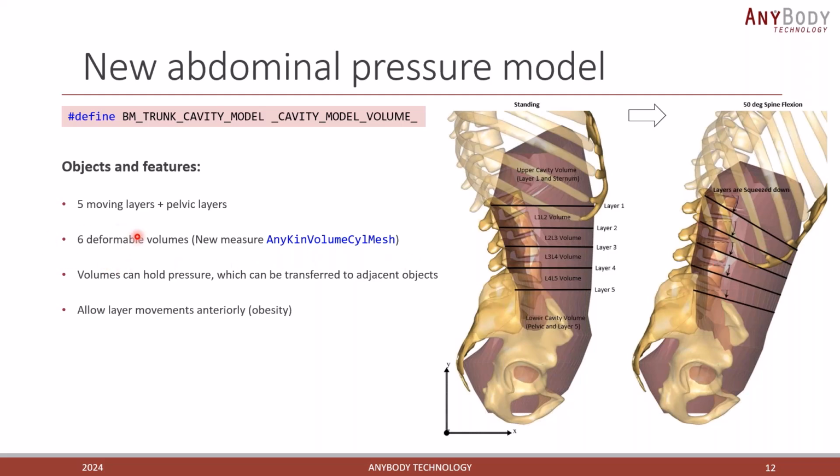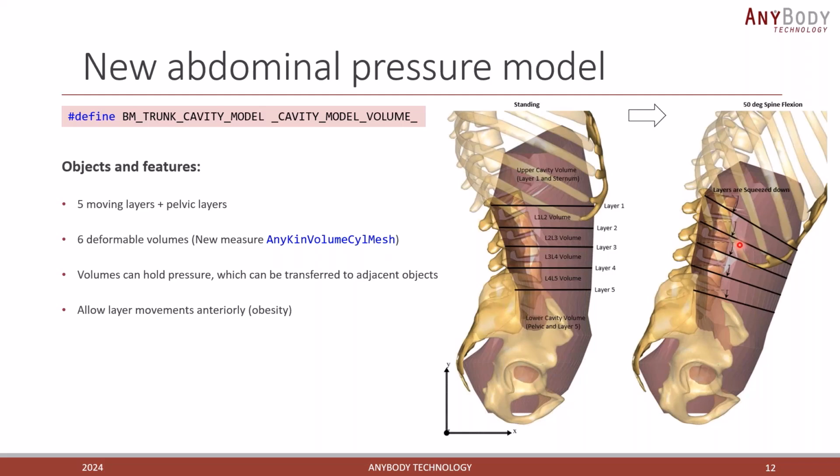And then we have 6 deformable volumes. We made a new measure called Anikin volume seal mesh. So you can create volumes, and these volumes are able to hold the whole pressure. These volumes are actually made by nodes on these layers, so when the layers move, the volumes will change as well.